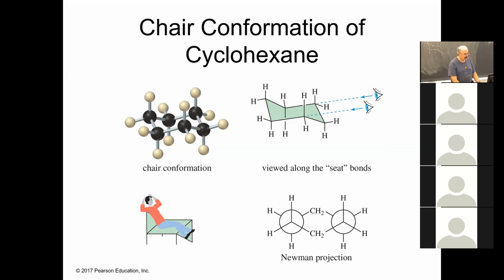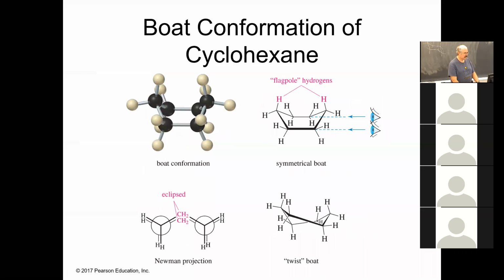In the chair, by the Newman projection, where we're sighting along this bond and this bond, we can see that there's no eclipsing. In the boat, we can see that we do have eclipsing.